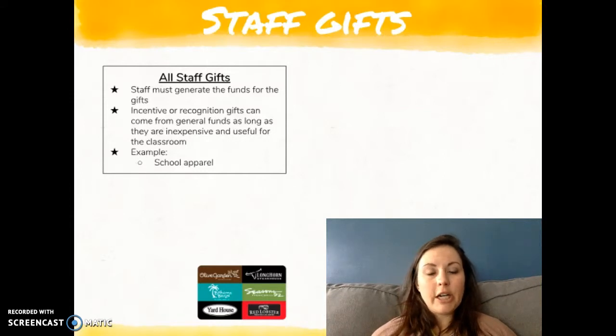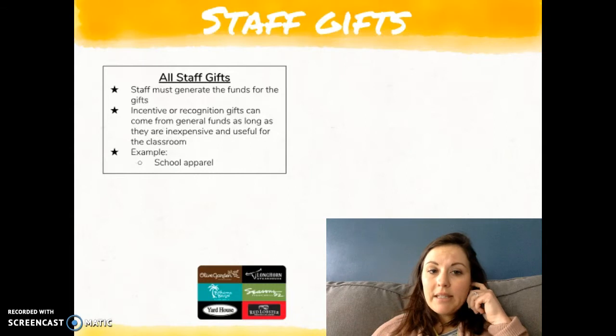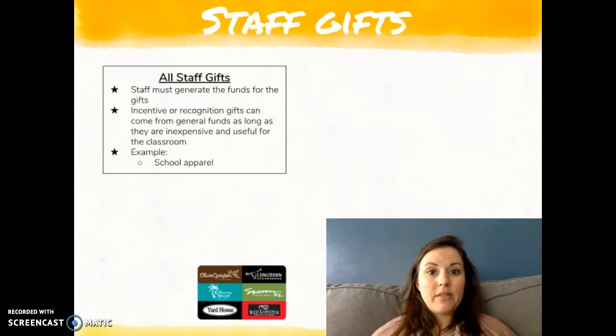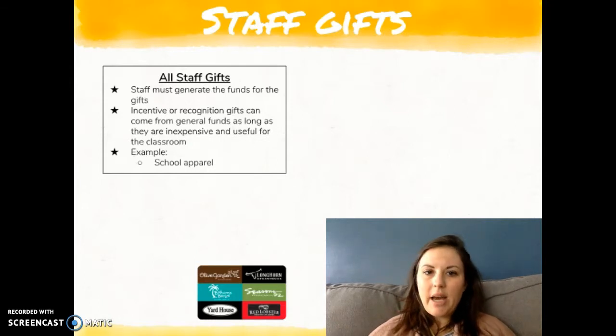So if they're doing a really great job and people want to recognize how great they're doing, this is great, and they absolutely can do that depending on your specific district rules. But they must not be too expensive, so they should be around $5 each, and useful for the classroom. An example of this could be school apparel, so you get a t-shirt that says your school name on it, a sticker, or supplies for your classroom, stuff like that.